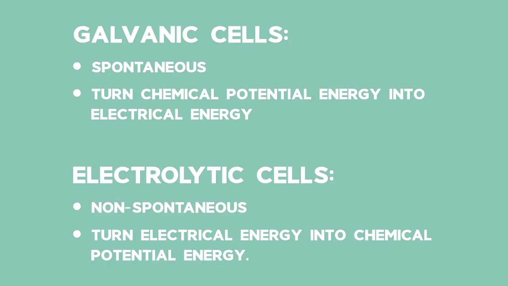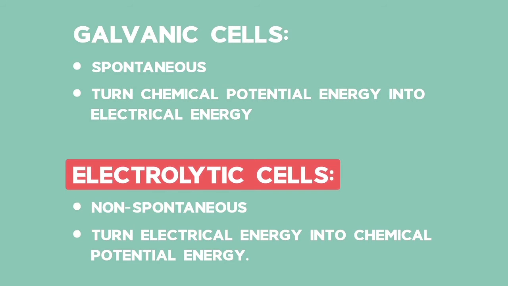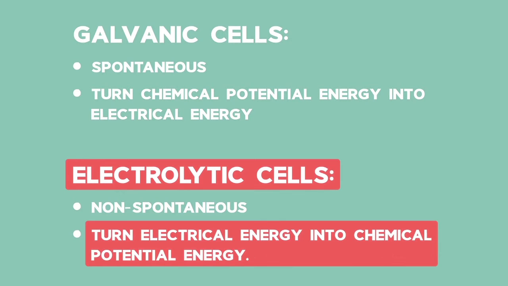In fact, the biggest difference between the two is that galvanic cells turn chemical potential energy into electrical energy. Electrolytic cells turn electrical energy into chemical potential energy.